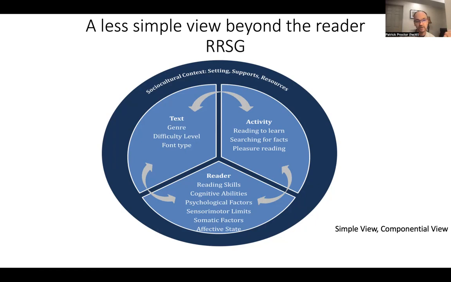So this could be a multilingual classroom where all the kids speak different languages. This could be a monolingual classroom where all the kids are coming from sort of one language background. Any number of different contexts affect the way that this model works. And that's really important. And those componential models do not take that into account in any meaningful way.